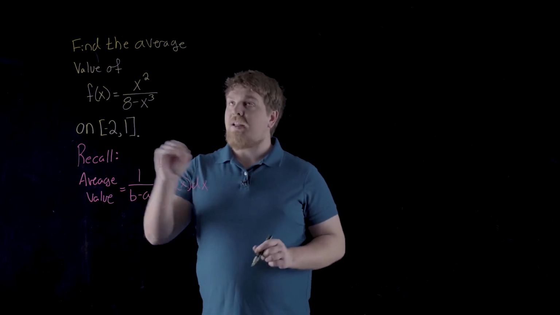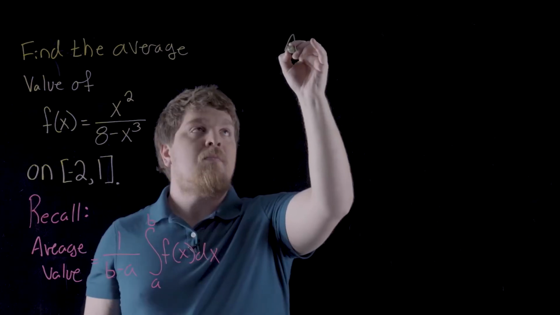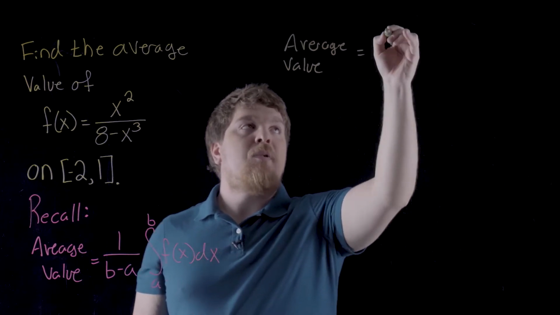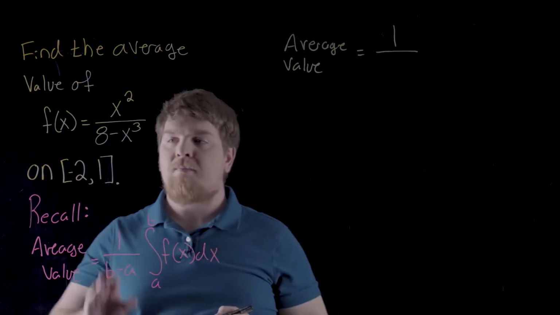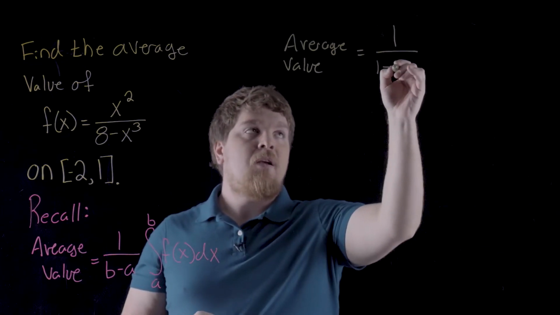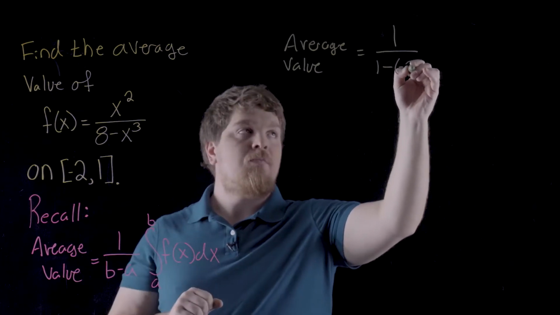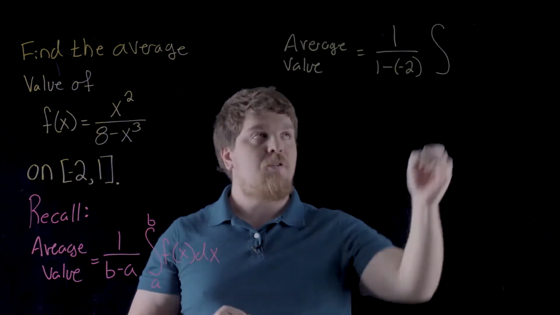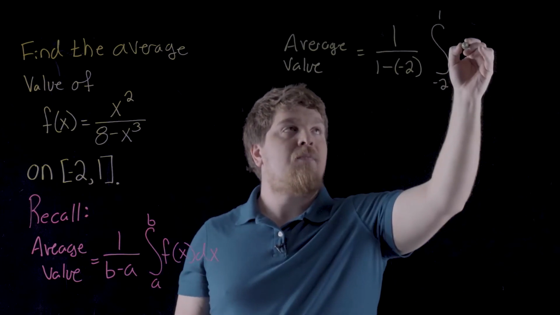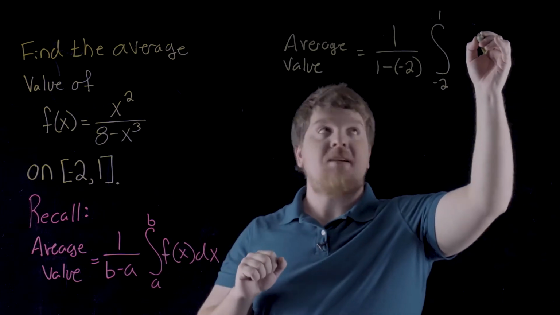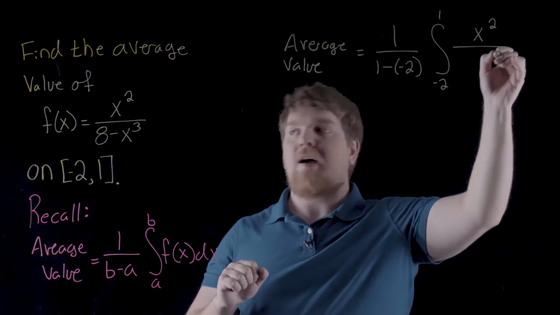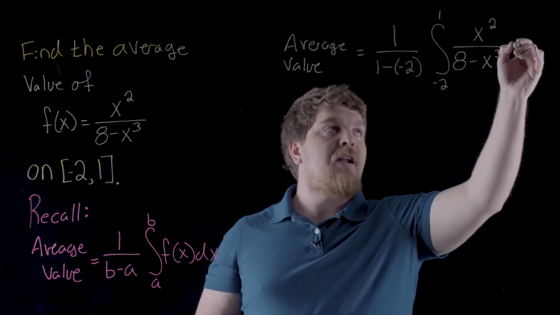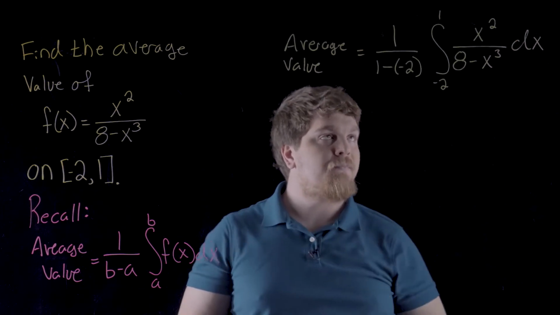So for this problem here, the average value will be equal to 1 divided by b, we said was 1, minus -2 times the integral from -2 to 1 of our function, which is x squared divided by 8 minus x cubed, and we're integrating with respect to x.